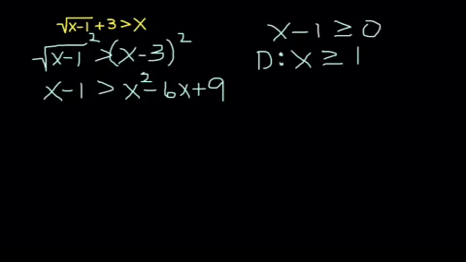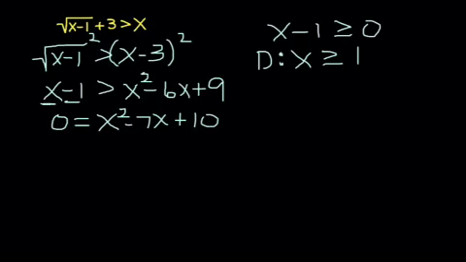So here's what I'm going to do. I'm going to set this equal to 0, and I'm going to move the x and the negative 1 to the right where the x squared is and combine them with what's already there. So negative 6 minus x is negative 7x, and negative 1 becomes plus 1, so 9 plus 1 is 10.